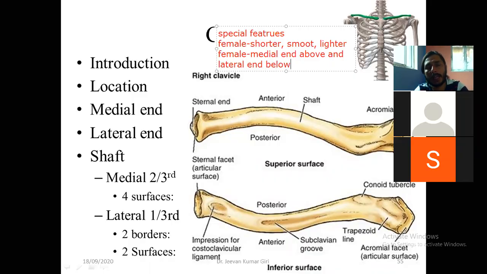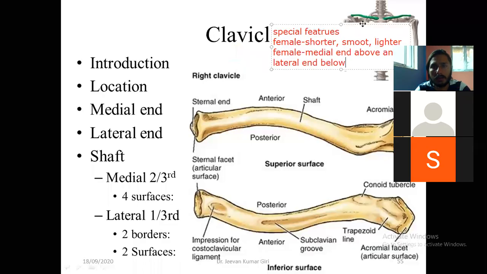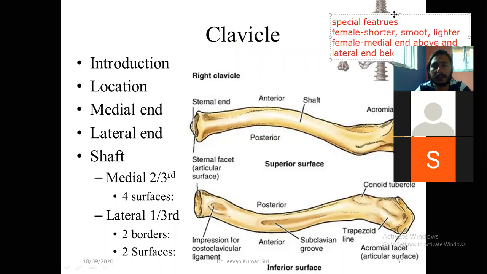But in case of male, the medial and lateral ends may lie at the same level, or the lateral end lies slightly above the medial end. Just remember this. So this is the sex difference.